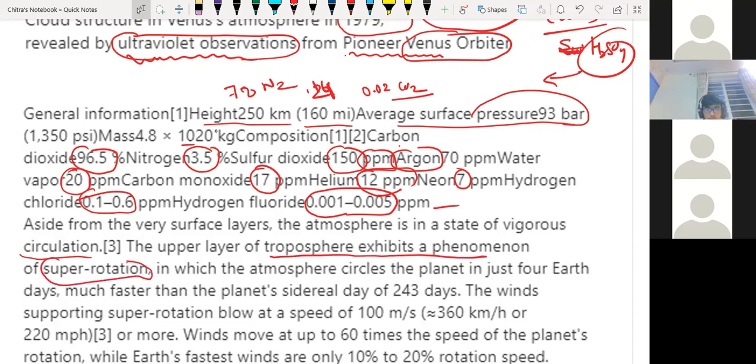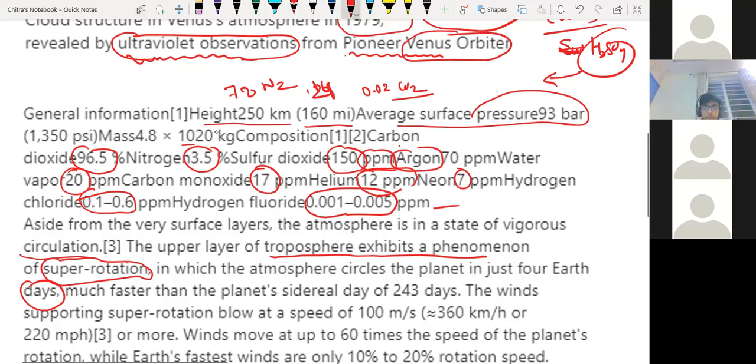Oh my god, it means very high-speed winds are being produced continuously, in which the atmosphere circles the planet in just 4 Earth days. Much faster than the planet's sidereal day of 243 days.